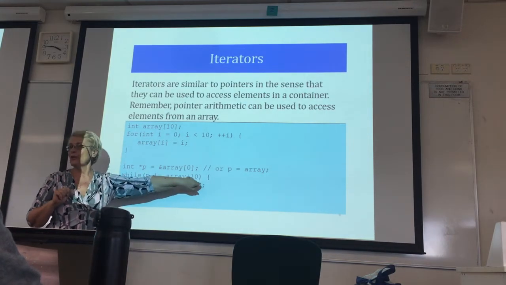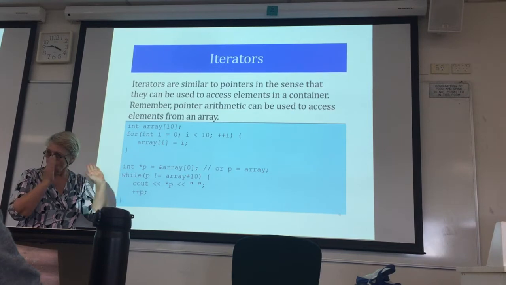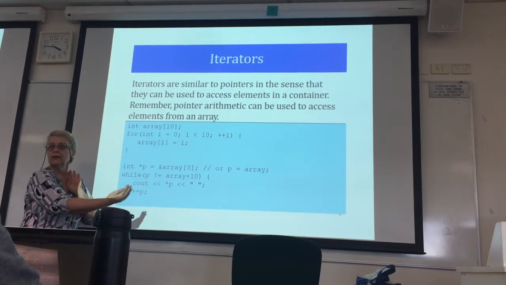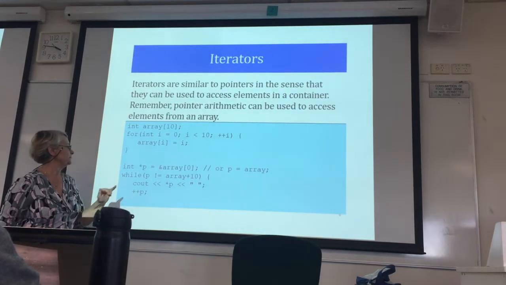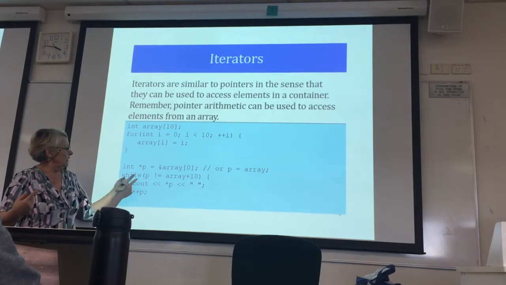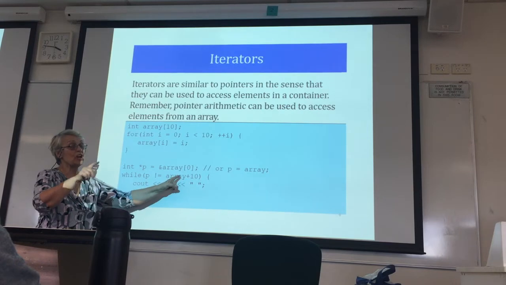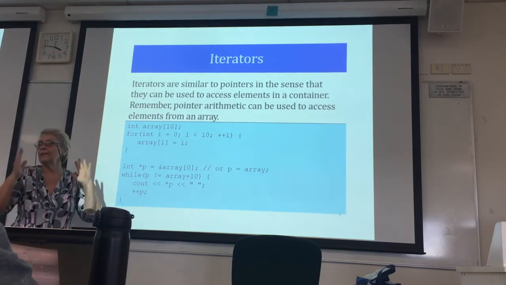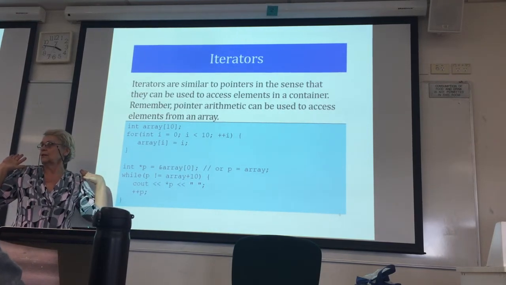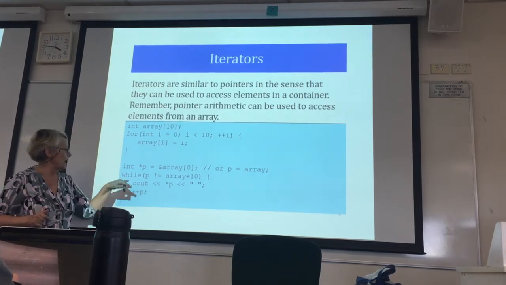Well, this is array 10. So we start at the beginning and we go with while loop till the last significant. When we reach the one after the last significant, we get out of the while loop, right?